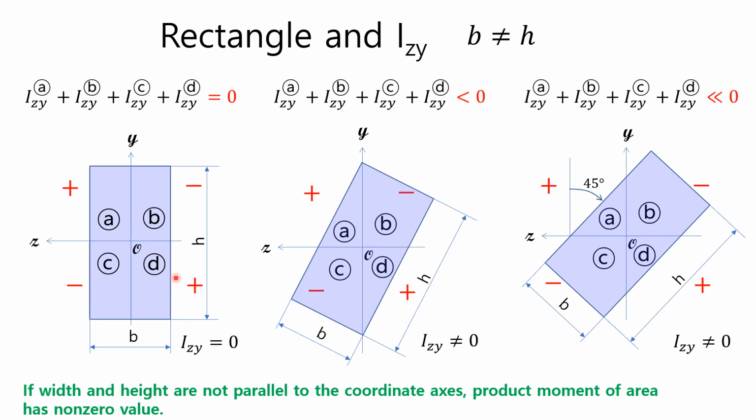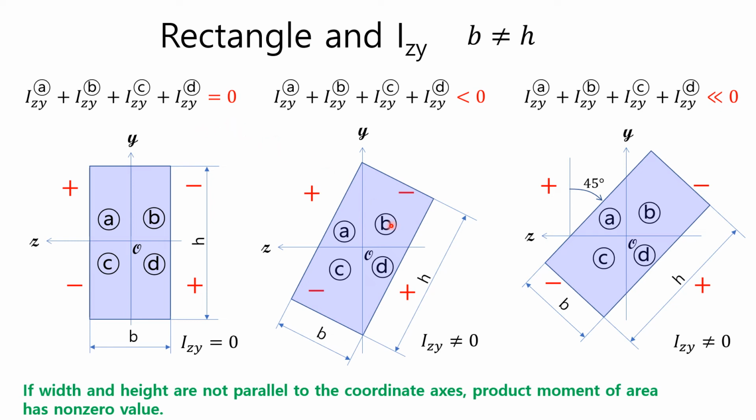On the other hand, it is negative in the second and the fourth quadrant. The areas of every quadrant are the same only when the width and the height are parallel to the coordinate axes. Only in this case, the product moment of area equals 0.